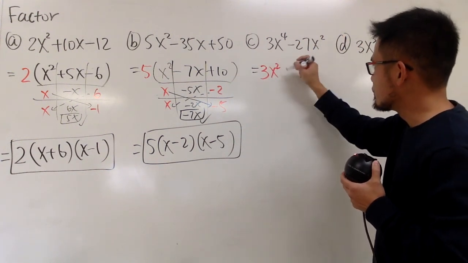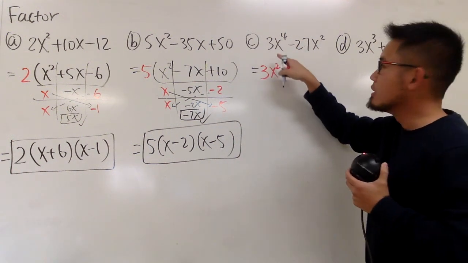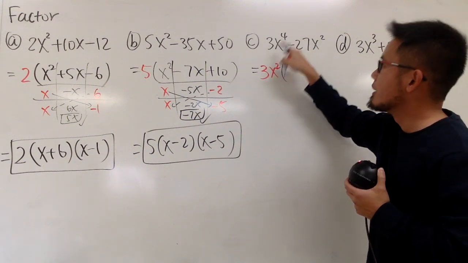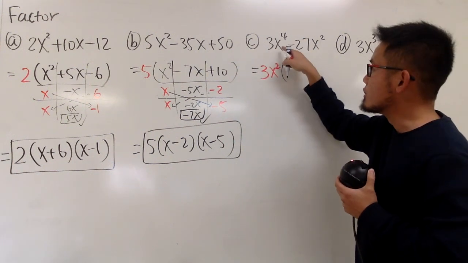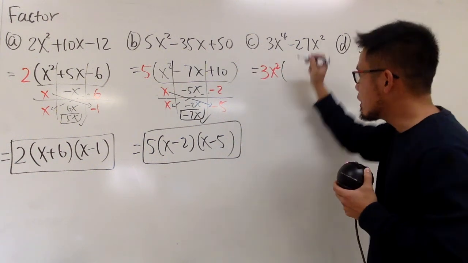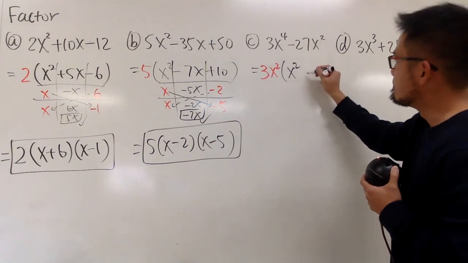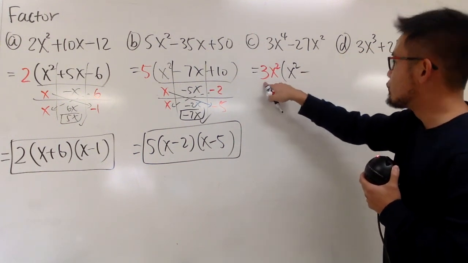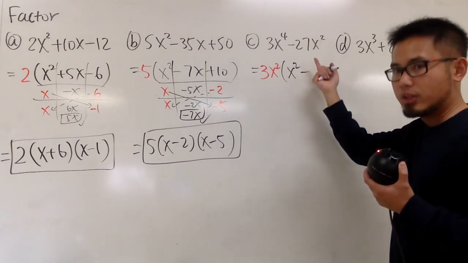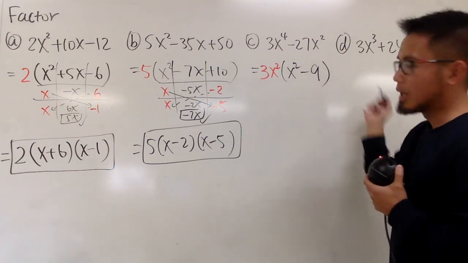So we'll have that. And then from here, originally we have 3x to the 4th power. The 3 is out. Originally this was x to the 4th power, but we took 2 out already. So we will have x squared left. And then we bring down the minus 27. We factor out the 3. 27 divided by 3, we get 9. And the x squared is out already. So this is what we have.